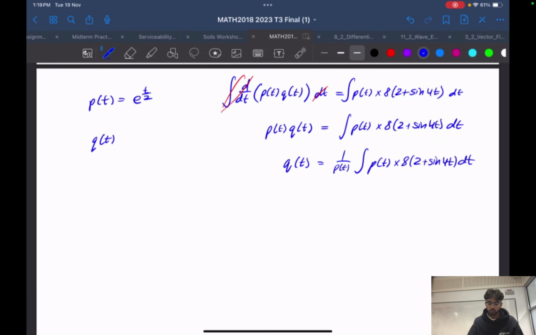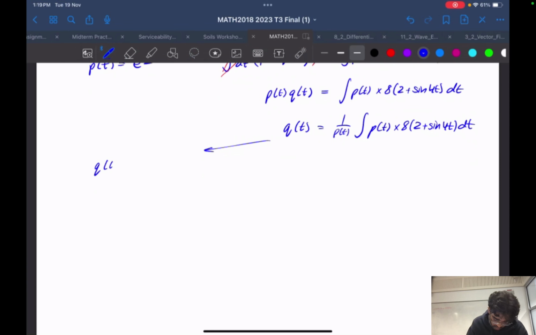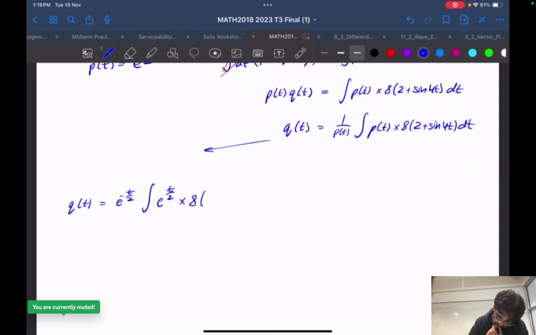Alright, so we're going to be using this formula. Pretty much Q of t is equal to e to the power of minus t on 2, because when you divide an exponential, you get a minus in the power, times the integral of e to the power of t on 2 times 8 times 2 plus sine 4t dt.